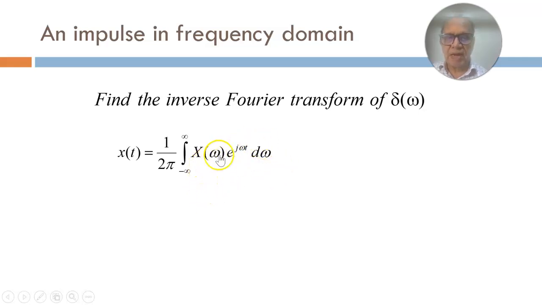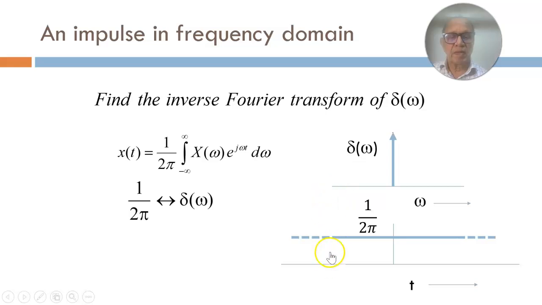Now note that for X(omega) we substitute delta(omega). So again we have the situation where this integral will be equal to a value which is e raised to 0, that is equal to 1. So this entire integral reduces to 1 and the 1 by 2 pi remains. Therefore, when you evaluate this, you get 1 by 2 pi. In other words, this tells you that if you find the Fourier transform of 1 by 2 pi, which is a constant, then you get an impulse in the frequency domain.